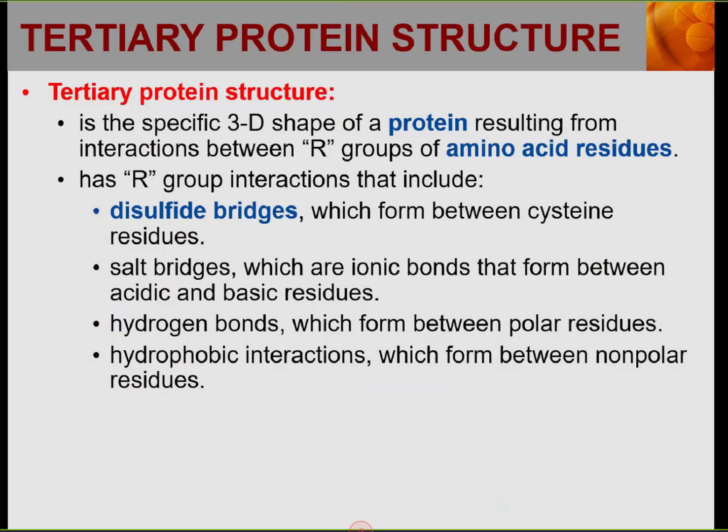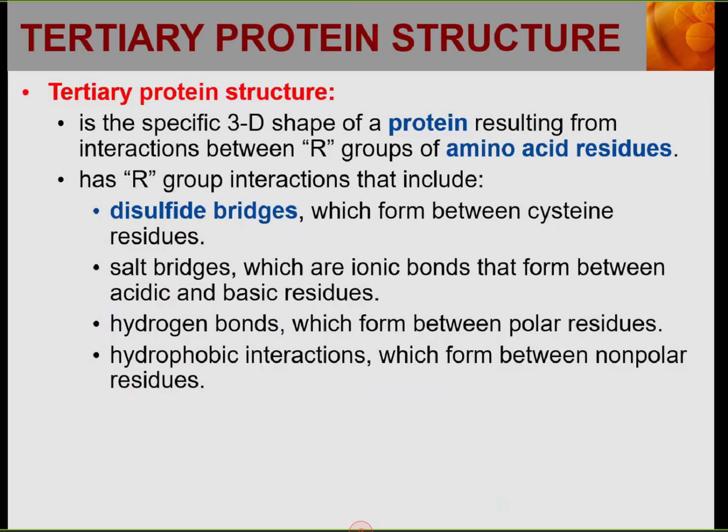Up until now, it was only the skeletal structure of the protein that we were speaking about. The amide bonds, the hydrogen bonding between the amino hydrogen and the carboxylate oxygen. Now we're speaking about a tertiary structure of a protein that's defined by interactions of the R groups that hang off the protein molecule.